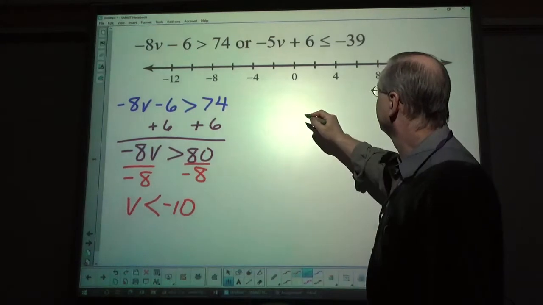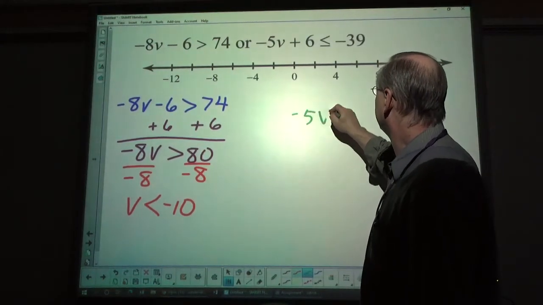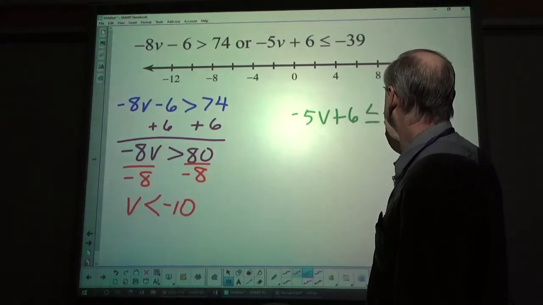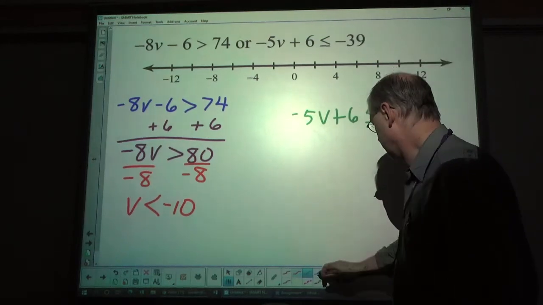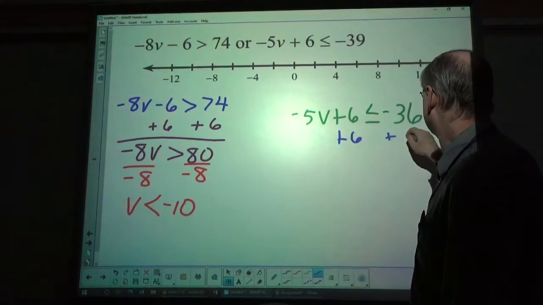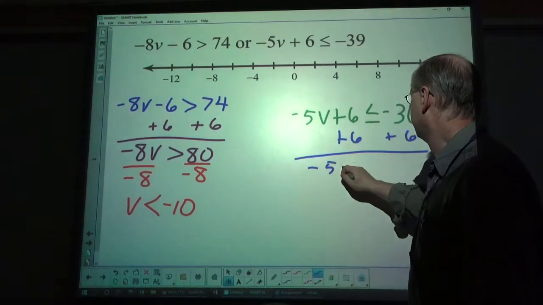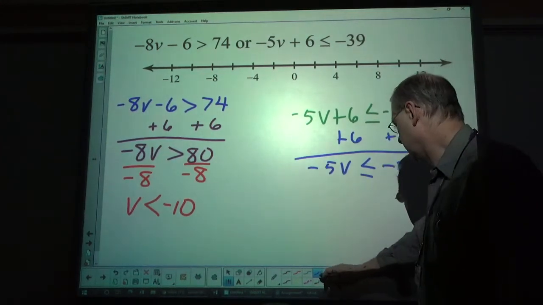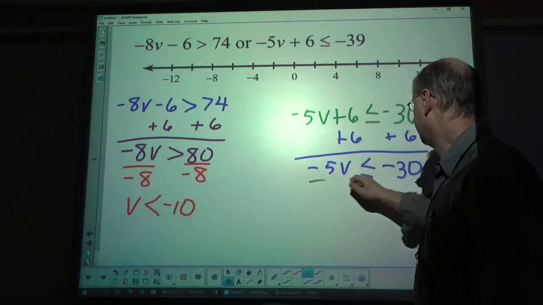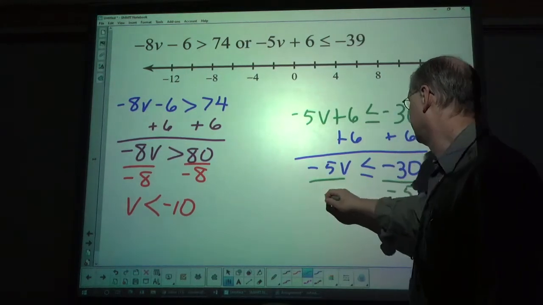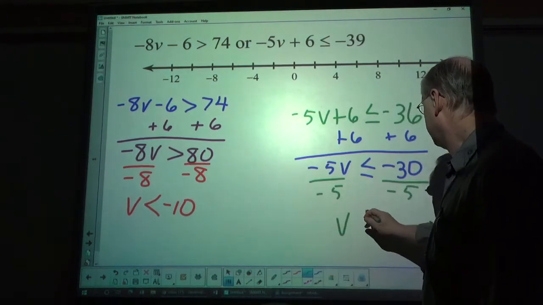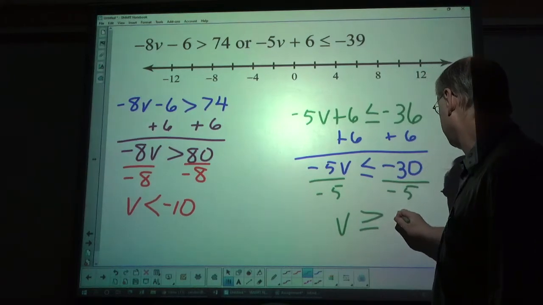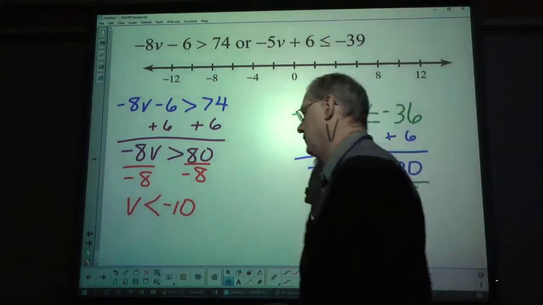On the other side, I have -5v plus 6 less than or equal to -39. I'm going to add 6. -5v less than or equal to negative 30. And divide by negative 5. V is greater than or equal to positive 6.